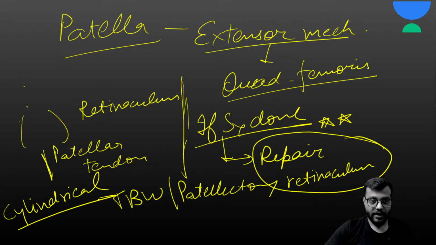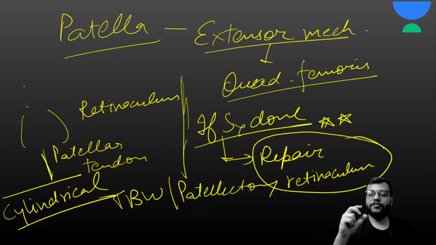Okay, and if there are multiple parts, a stellate fracture or a displaced fracture, you have to go for surgery. And if the fracture segments can be united, they can be reduced with the help of tension band wiring. And if there are many small pieces and you are not able to reduce them and fix them using any implant, then you can go for a partial or complete patellectomy.